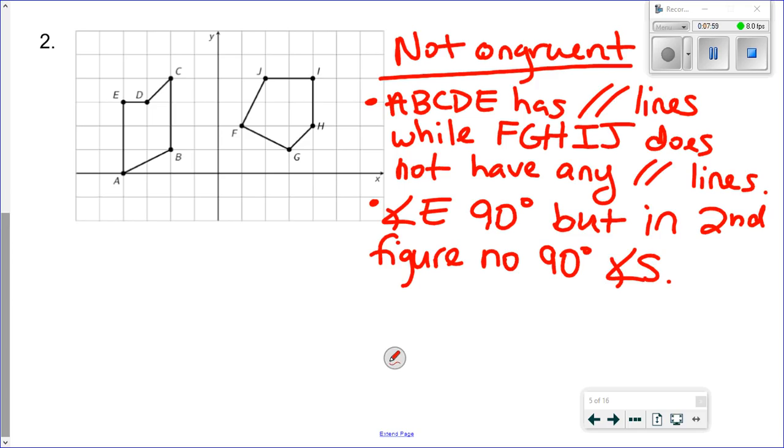The same thing can be said, proving not congruent based on side lengths. For example, I could say segment ED in the first figure is 1 unit long. And then I would look at the second figure and I could not find any other side lengths that is 1 unit long.